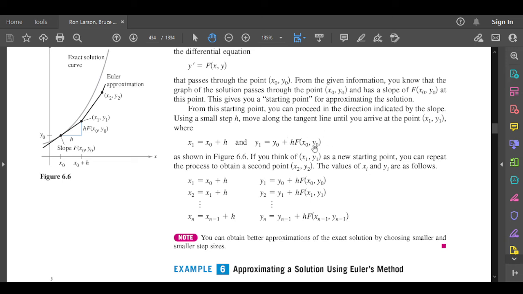Okay, mali siya ang pag-solve sa y1 and then pag-solve po sa x2 sa y2, the same process lang din happen. So x2 is equal to x1 plus h, then y2 is equal to y1 plus h times f of x1, y1, and so on.